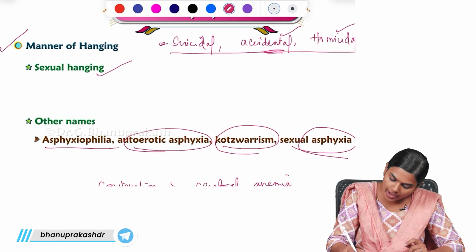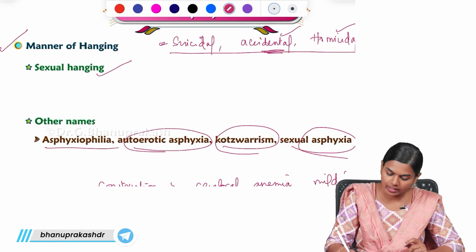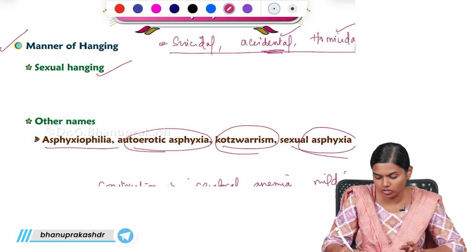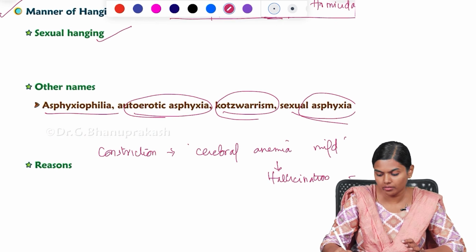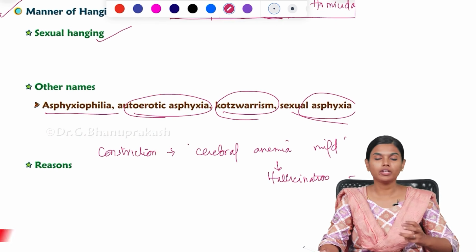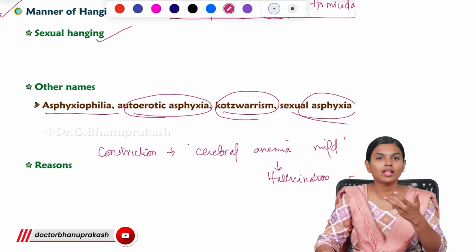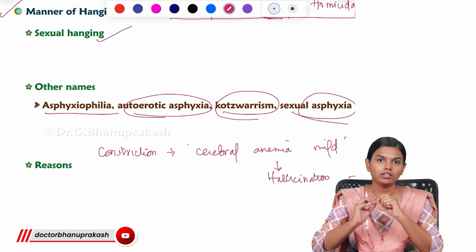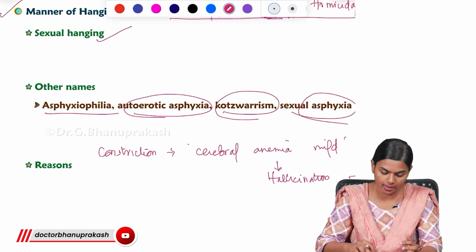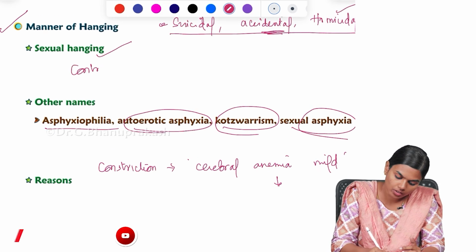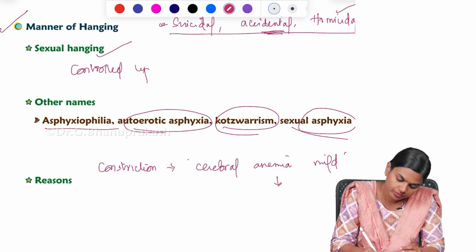When the cerebral anemia is mild, they will have these hallucinations. These hallucinations would be erotic for a few people. So, to get this erotic hallucination, people will hang themselves. What they usually do is a more controlled type of hanging. So, it is a controlled type of hanging.